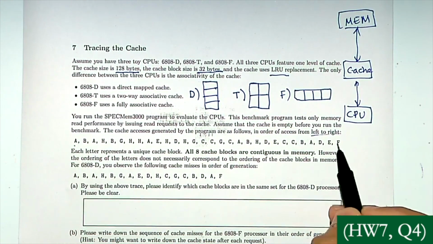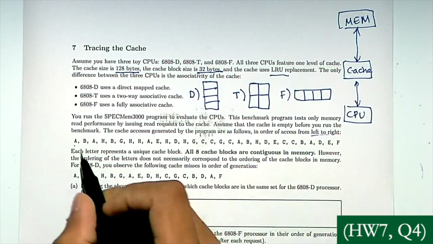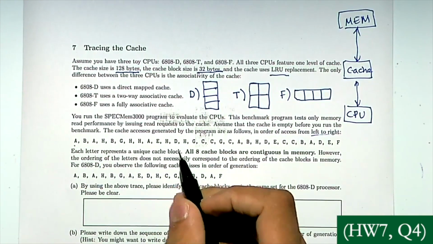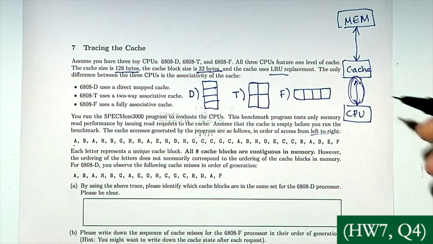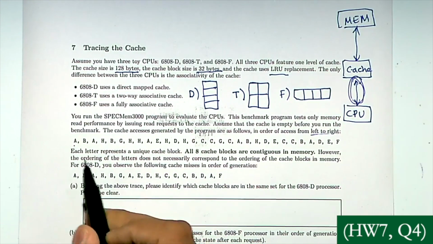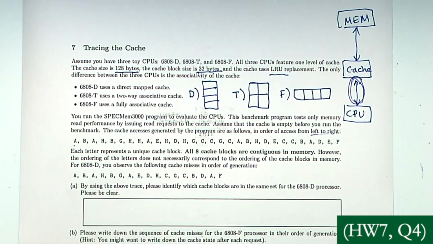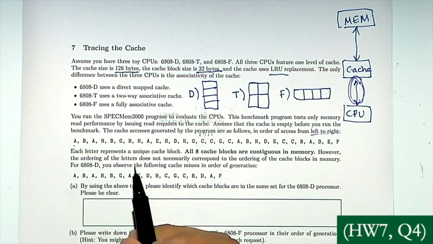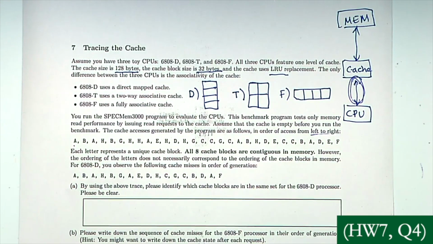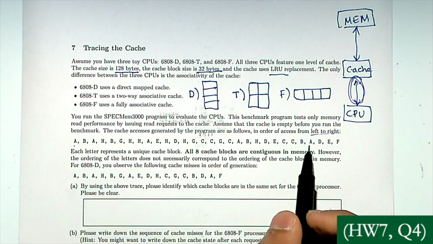So we have a sequence of accesses to a bunch of different blocks. These are accesses to the cache by the program, so they're what's going on this bus. Every single letter here represents a unique cache block, and all 8 blocks are guaranteed to be contiguous in memory. However, the ordering of the letters does not necessarily correspond to the ordering of the blocks. So it's a mystery for us to solve. We don't know how these fit together.